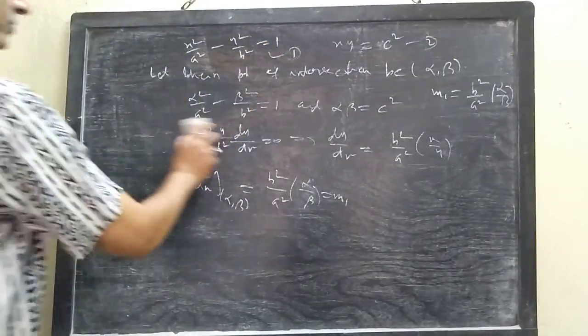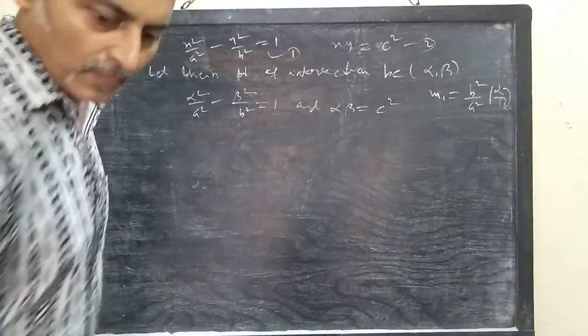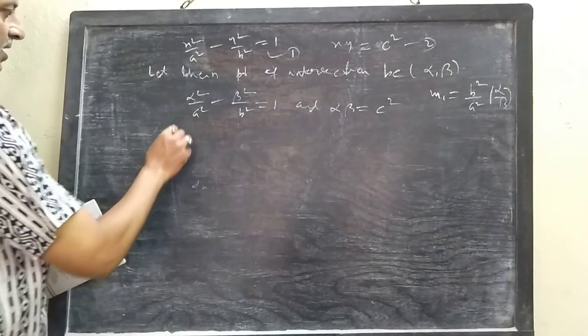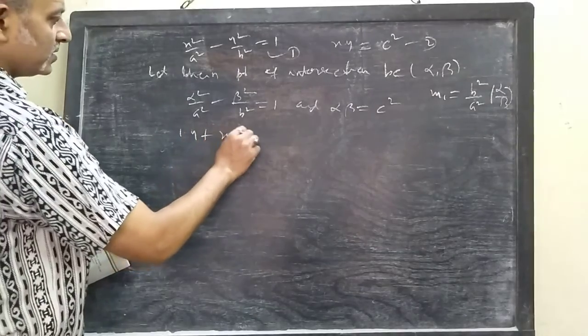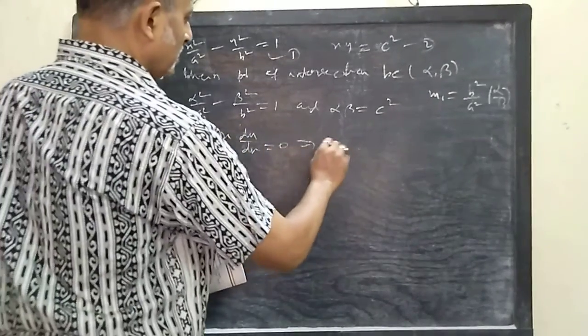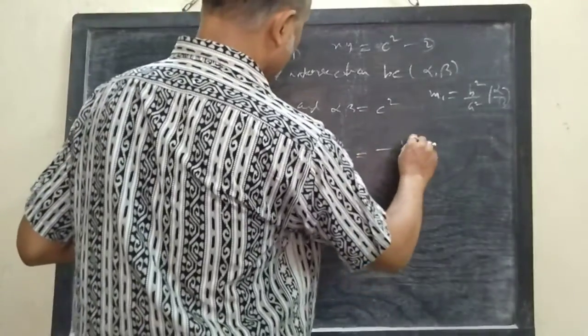Next, differentiating both sides of 2 with respect to x, we get 1 into y plus x into dy dx equals 0. That implies dy dx equals minus y by x.